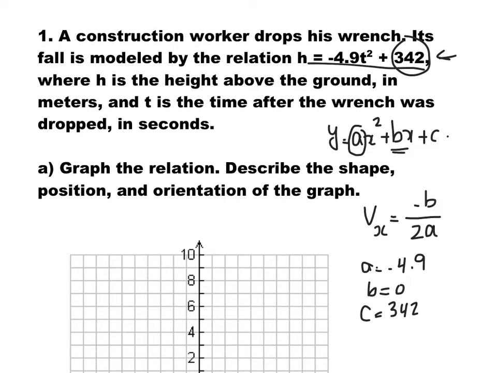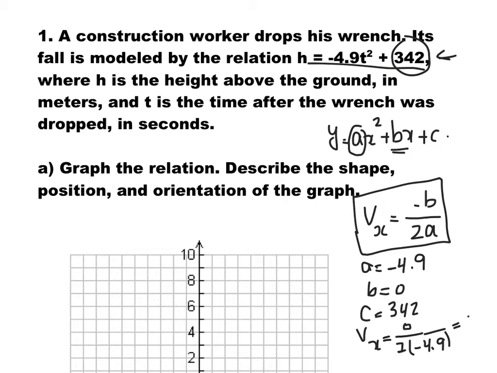So I can use this shortcut and the values given here to find the x-coordinate of the vertex. v sub x is minus b. B is 0, so it's 0 over 2a. A is negative 4.9, so it's 2 times negative 4.9. 0 divided by any number is going to be 0. So we know the x-coordinate of the vertex is 0.